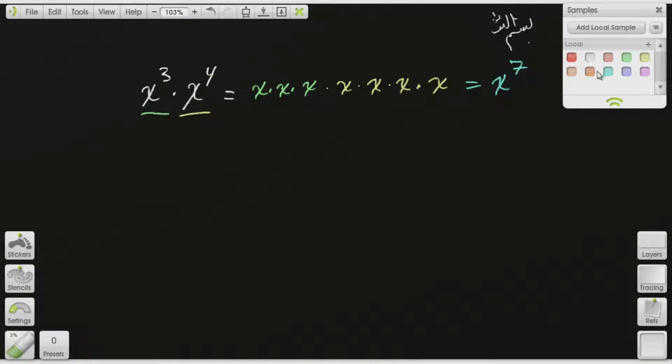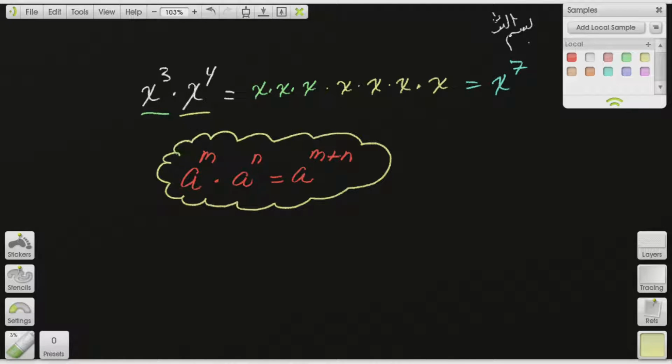So this gives our first rule, and the rule is this: a, which is a real number or variable, a to the m times a to the n equals a to the m plus n. So that's our first rule.